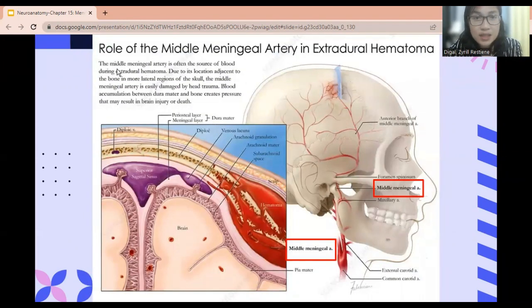It is because the middle meningeal artery is located adjacent to the bone in the more lateral regions of your skull, and so it is easily damaged by head traumas. The blood accumulation between the dura mater and the bone creates increased pressure that may result in brain injury or death. So this is where my report ends.